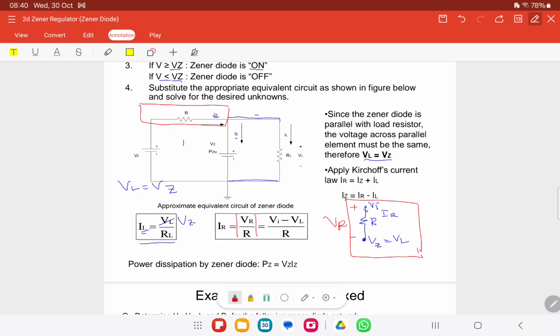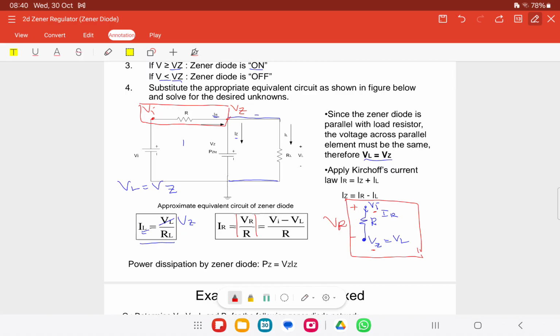But what is the value of VR? VR is the voltage drop across the resistor. It means we take the voltage before the resistor, and we take another voltage after the resistor. That gives VI on top, VZ at the bottom. It's the same. This one is the VI value, this one is VZ or VL, right? So I draw it going downward like this so that you can see. It is actually the difference of the voltage across the resistor.